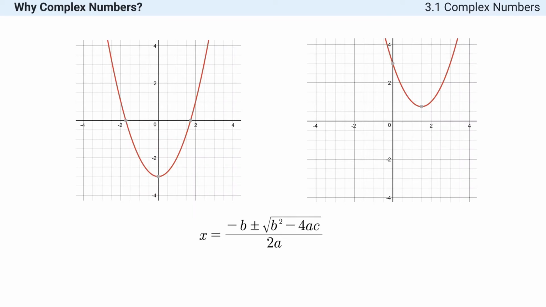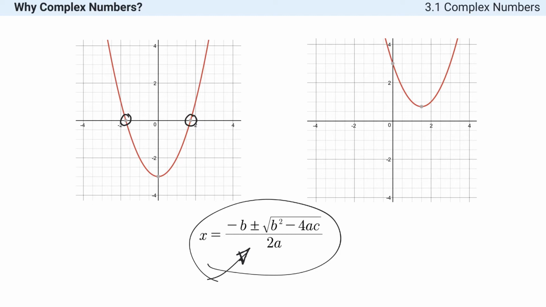Okay, so here's where you could see why we might need complex numbers. If I'm looking for the zeros of this quadratic function, I can use the quadratic formula to help me find them. I'm not going to do it, but suffice to say that when you do this quadratic formula, the answers will come out to this number there and that number there.